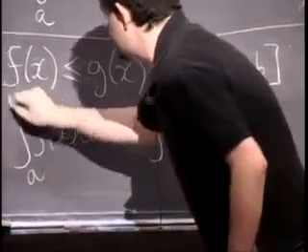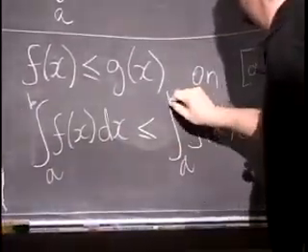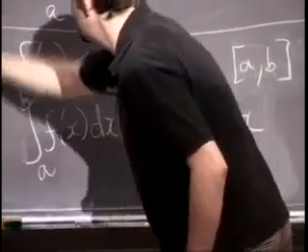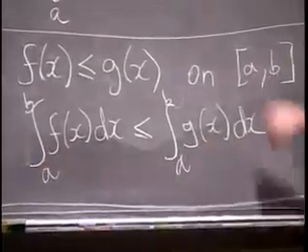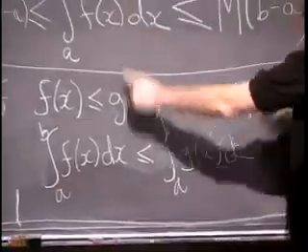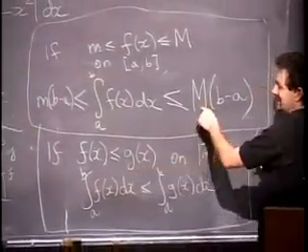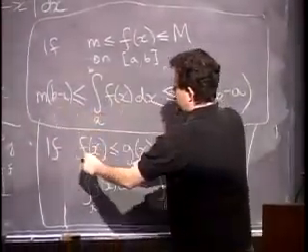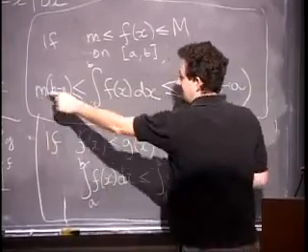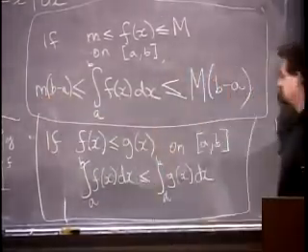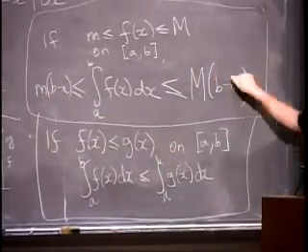And that's a nice property that is also worth remembering. Actually, this is the same as this, but where g is the constant function capital M, and then also on the lower side where little f becomes m and g becomes f. It's a little bit confusing, but I've just used this principle twice.